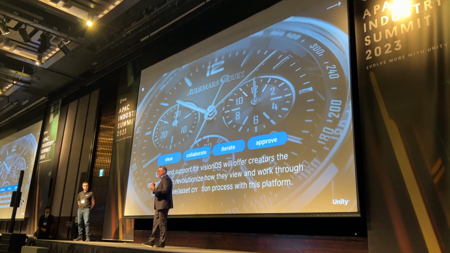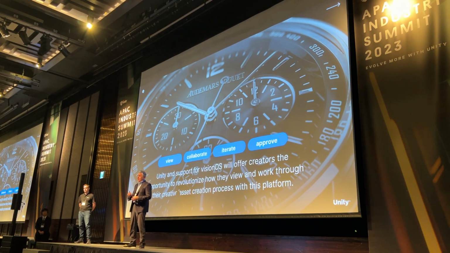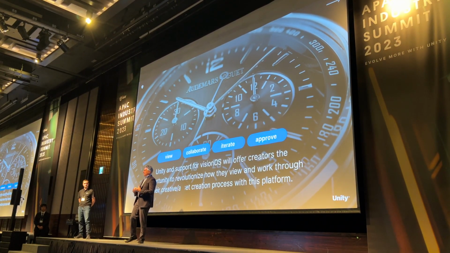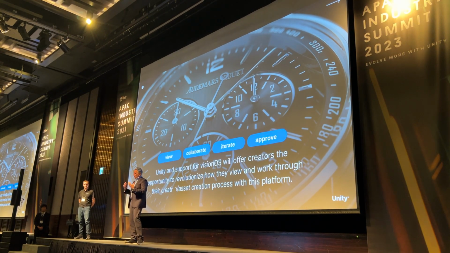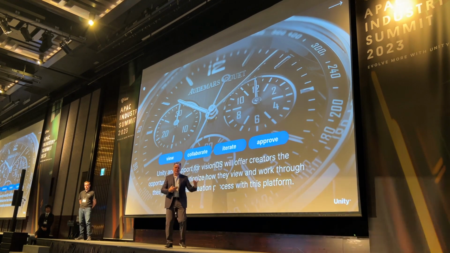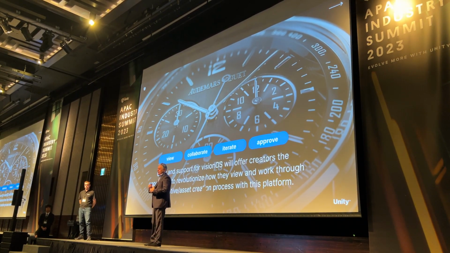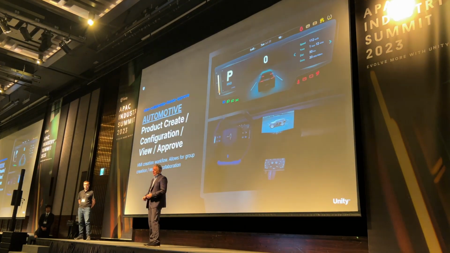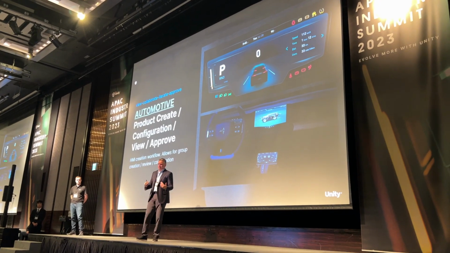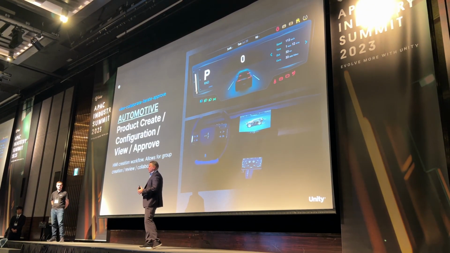So we think that the big part of that XR experience is really this idea of view, collaborate, iterate, and approve, right? So you're all in the space, you're viewing the asset, you're viewing the information about the asset, it's multi-app, and you're seeing it go through its process. So what I thought I would do is run through some examples in the different industries where we're plugging in this view, iterate, and collaborate idea.